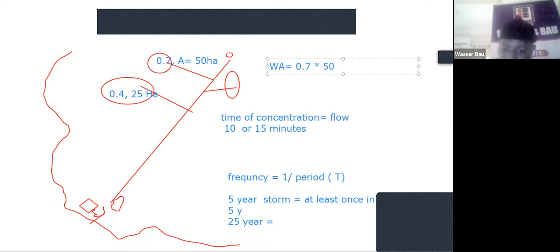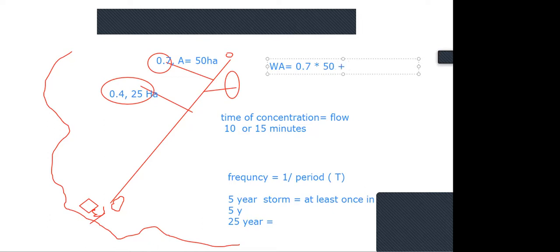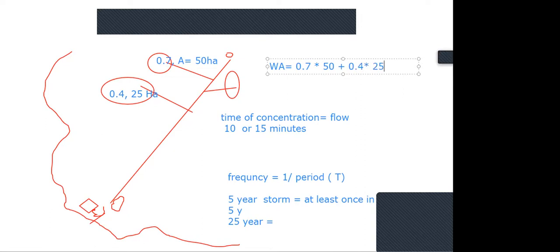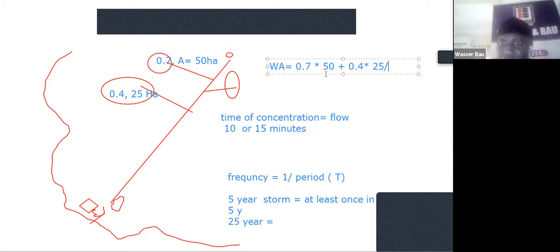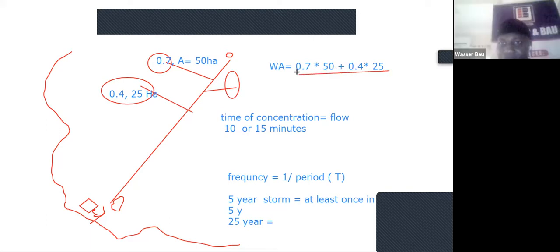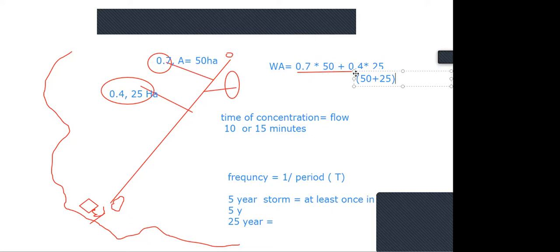Watch me, just stay with me, plus 0.4 times 25, all divided by, let me use a line, all divided by the total area. In this case, 75, or 50 plus 25. If I calculate this now, that is what we call mean weighted average.